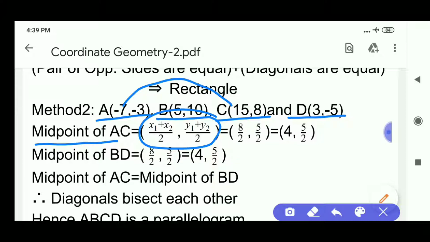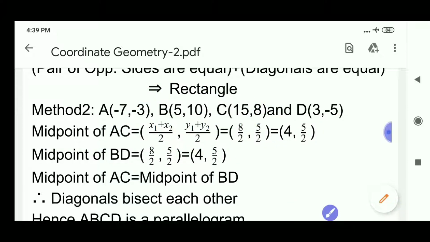That means sum of x coordinates by 2. What are the sum of x coordinates? Minus 7 plus 15 is 8, by 2. Similarly, minus 3 plus 8, that means 5, by 2. By simplification, we get (4, 5/2).